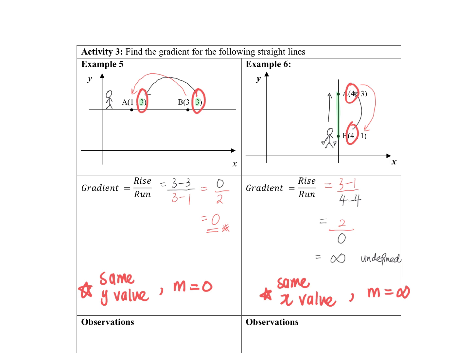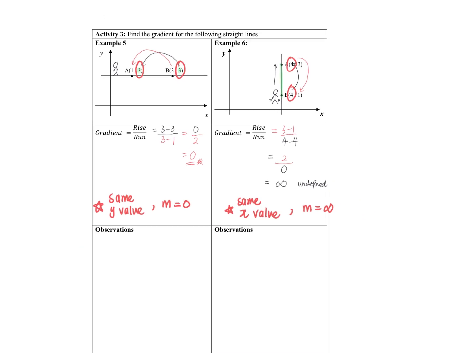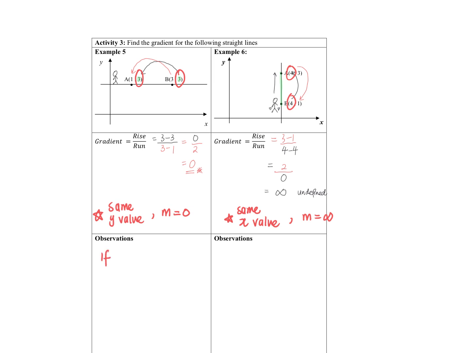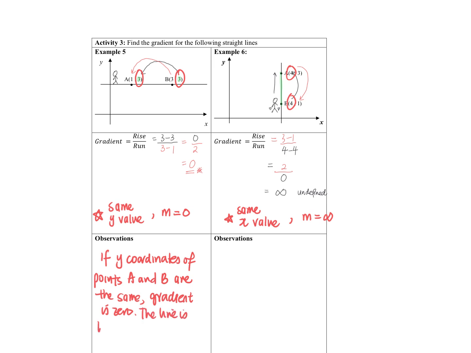So how do you spot whether it's 0 or not? You just look at the x and the y coordinate. So the observation is if the y coordinates of the 2 points A and B are the same, the gradient is 0. The line is horizontal.